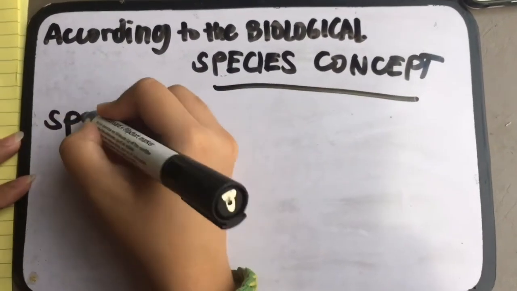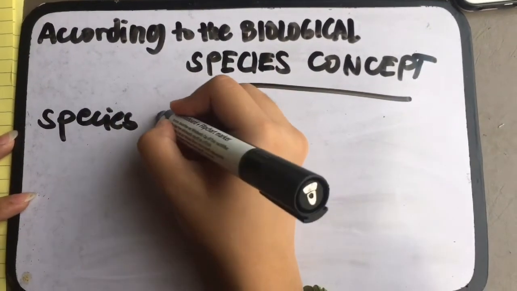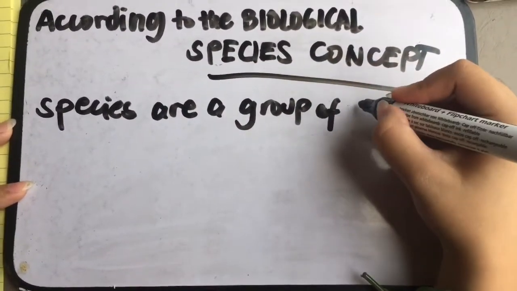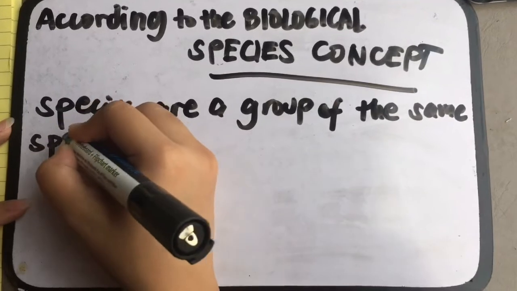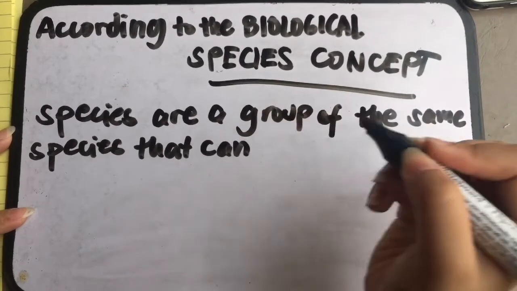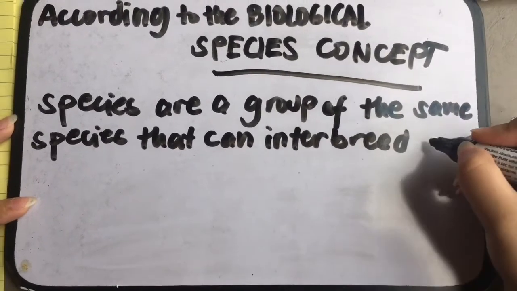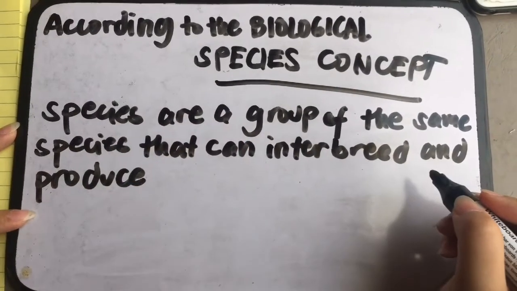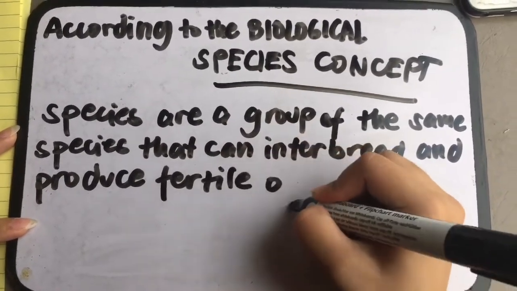So, species or biological species are a group of the same species that can interbreed and produce fertile offspring.